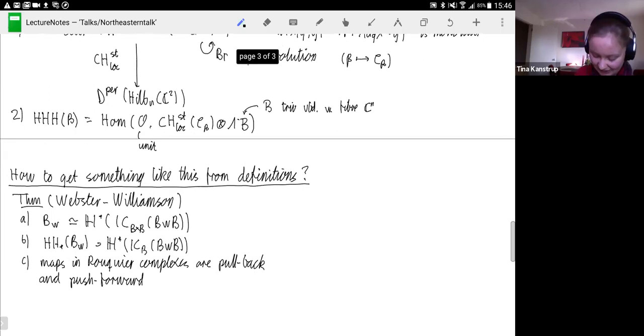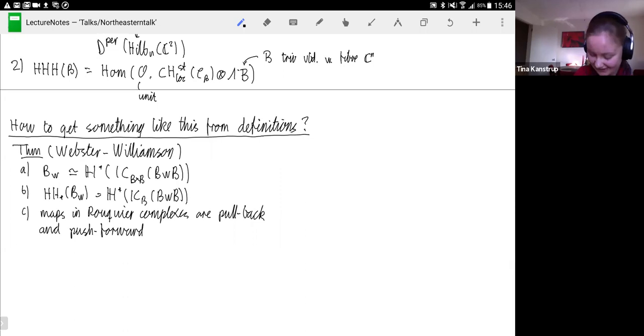All right, so maybe let me make a drawing. What's the relation between these two? Where do these IC sheaves live? I could think of my B times B equivariant IC sheaves as living on this double quotient.